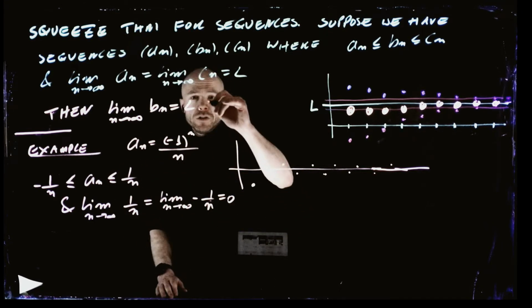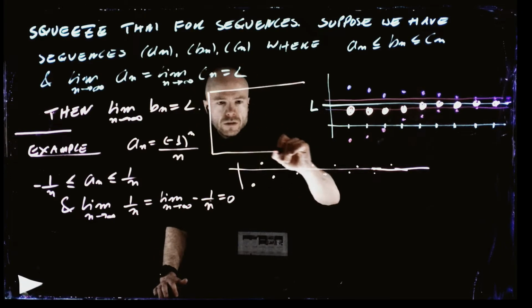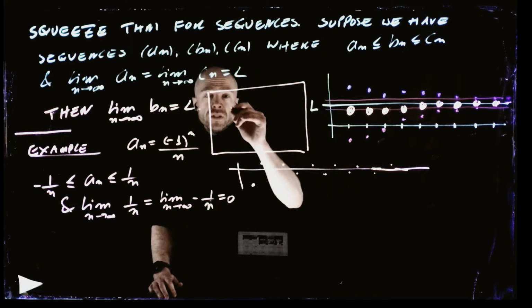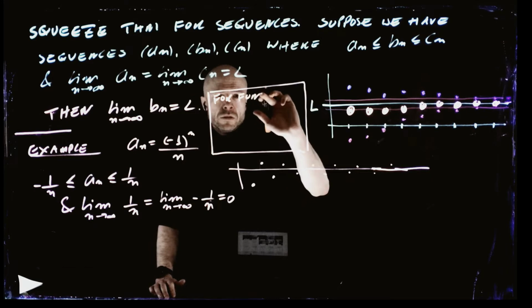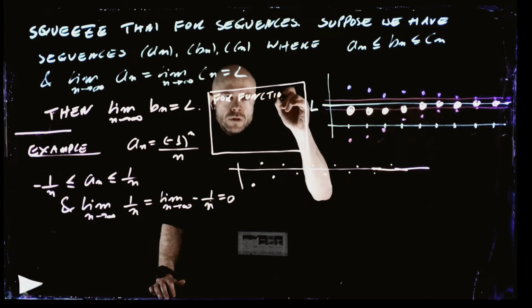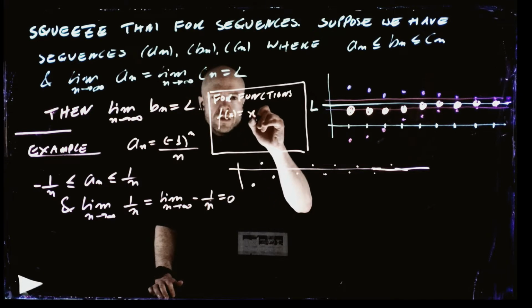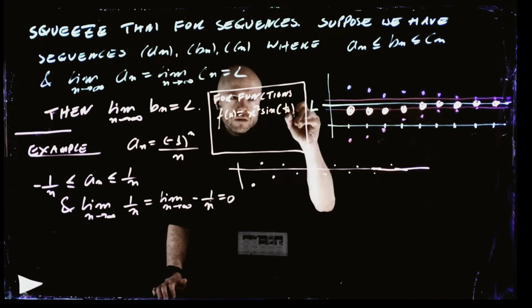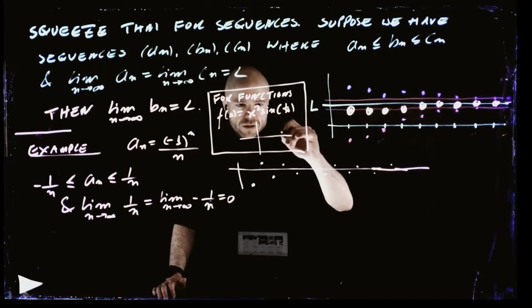So the classic example for functions was something like this. If we had f of x equals x squared sine of 1 over x, that's a really crazy function to try and understand because it is oscillating so fast.